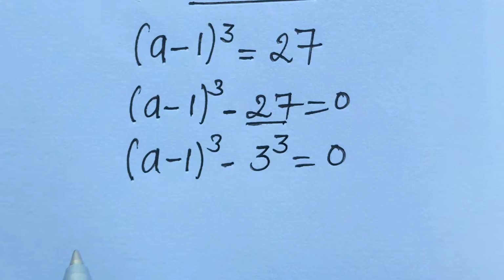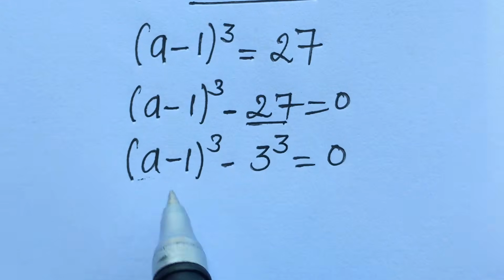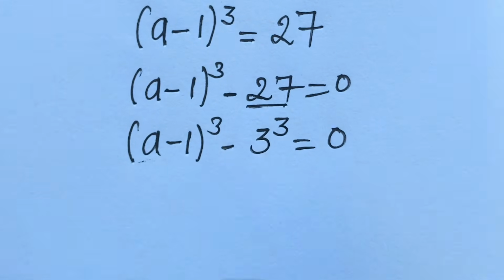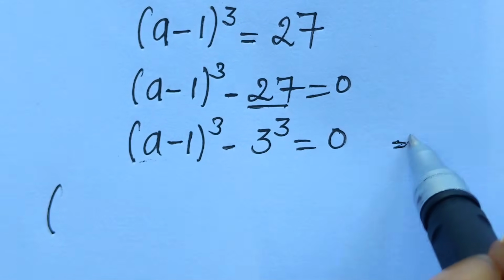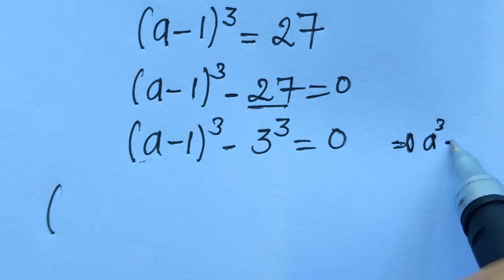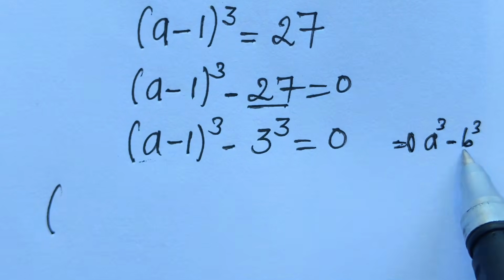And of course here we can write this as a cube minus b cube, meaning this is a and this is b.